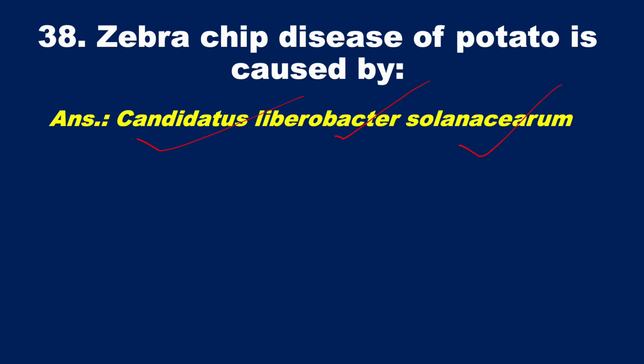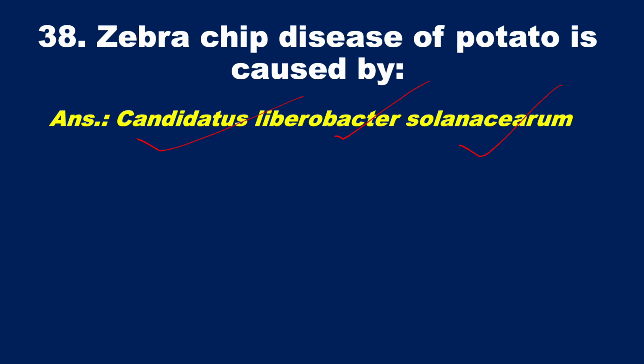These dark stripes are often more prominent when the potatoes are fried or cooked, which makes them unsuitable for processing into chips or fries. Then bitter taste. Potatoes affected by zebra chips disease can have a bitter or unpleasant taste when cooked.